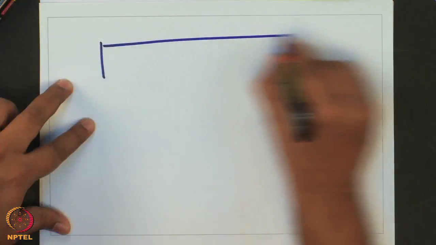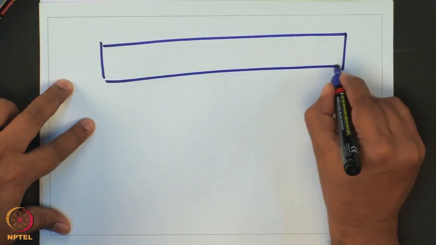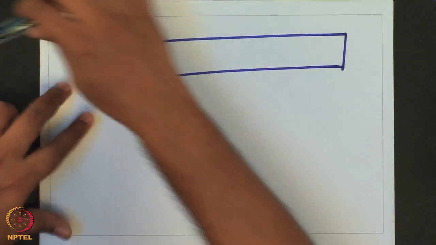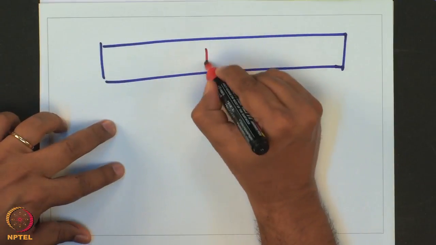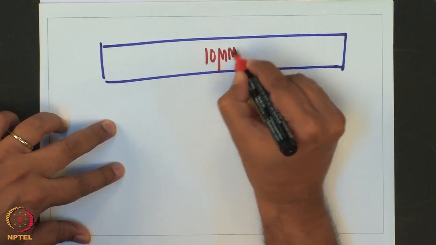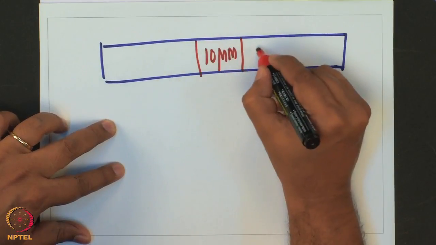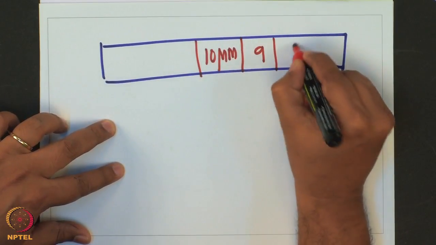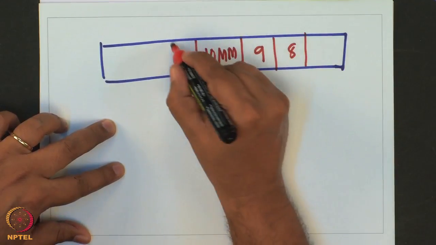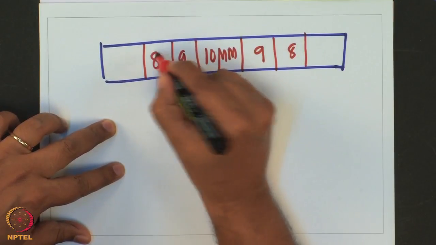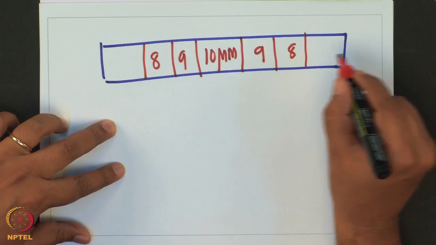So let us redo this, let us understand. To do this properly, let us redraw once more. So we have this long tube, and at the middle we have concentration 10 micromolar, and as I go the concentration becomes 9 here, 8 here, and so on and so forth, and here 9, here 8, and the concentration decreases as we go along.